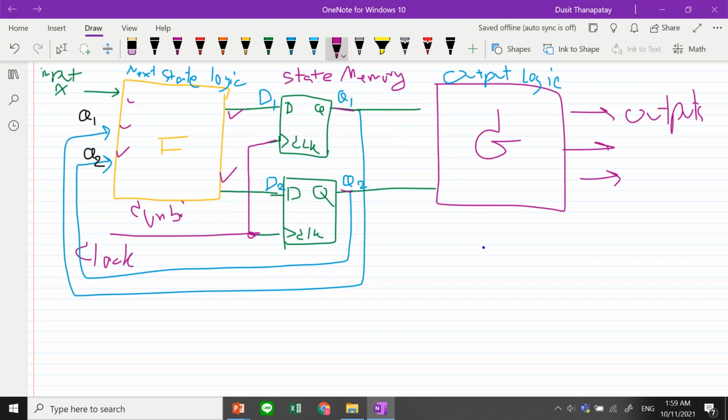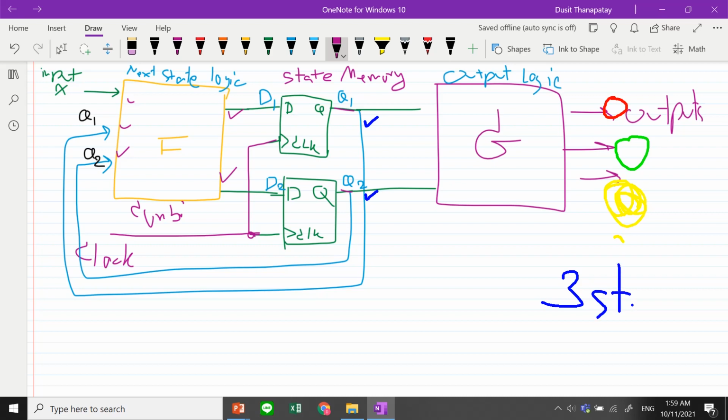For example, if you design something like a traffic light, the output may be red, green, and yellow. So there are three possible outputs, which means the circuit may have 3 states.